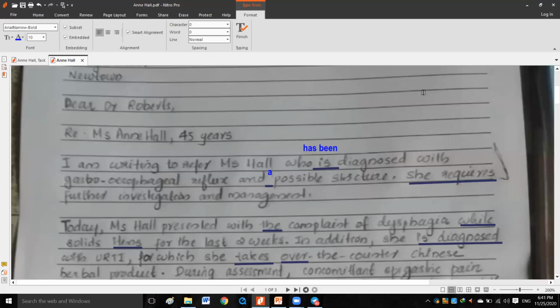Dr. Idris, but she's not diagnosed yet. She is suspected to have it. Okay, this is a good point to discuss. If you can consider that, you can omit the whole sentence and write: whose signs and symptoms suggestive of gastroesophageal reflux and a possible structure.